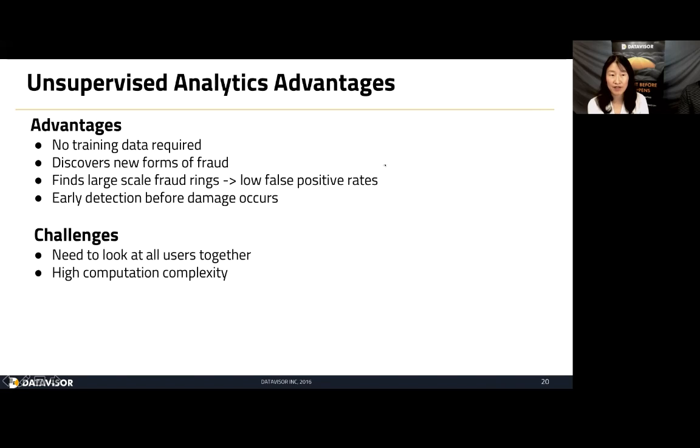It can identify attacks before the damage occurs. In our previous example, the unsupervised algorithm can detect users when they register, before they conduct bad, malicious behaviors. The challenge is that we need to look at all the users together rather than individual users, and the computational complexity is pretty high.